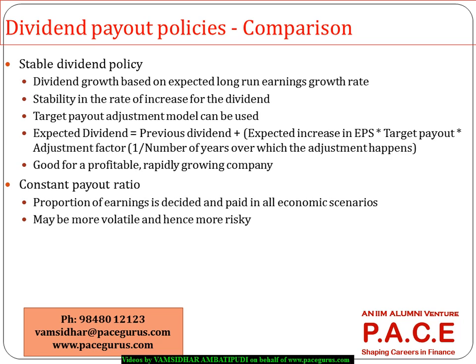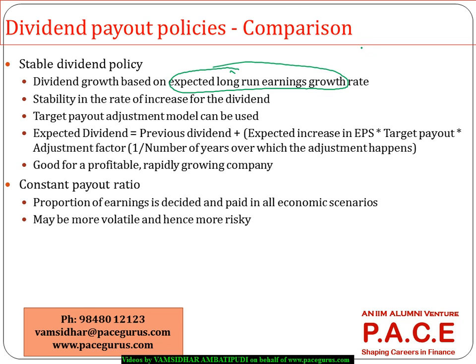Now, let's look at some of the key dividend policies that companies typically get into, out of which one is a stable dividend policy. As the word itself says, the company wants to maintain stability in the dividend. So whatever dividend they are planning is based on how the company is expecting its long-term growth rate.